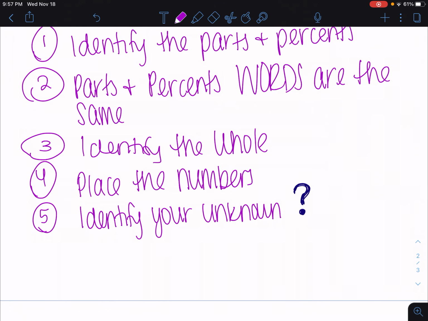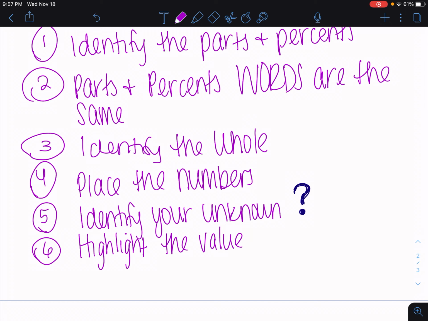Then we're going to highlight what you're using. So we're going to highlight, and then we're going to solve the problem.